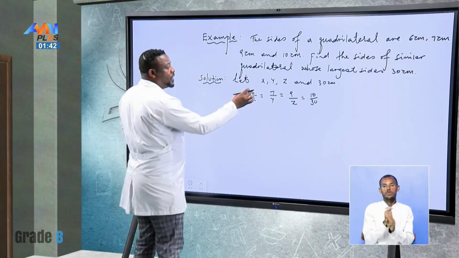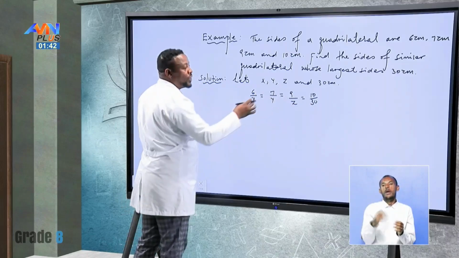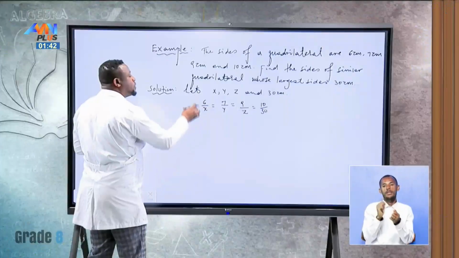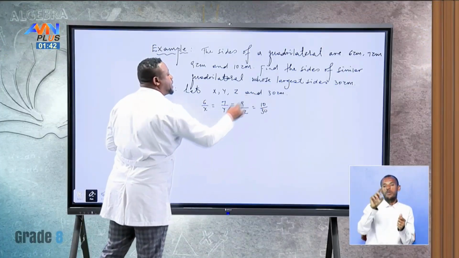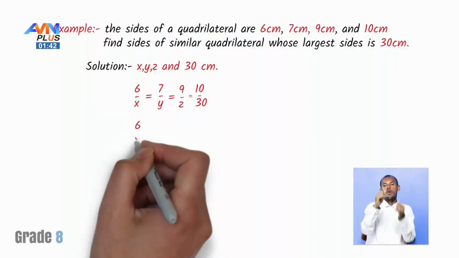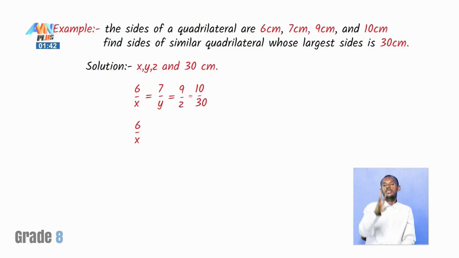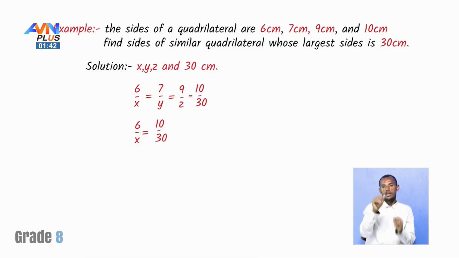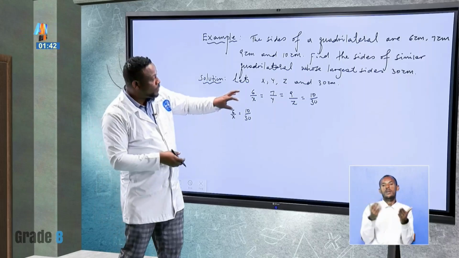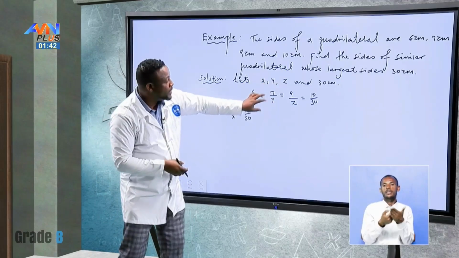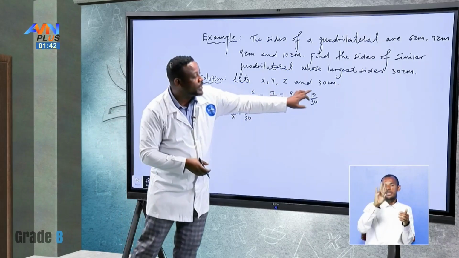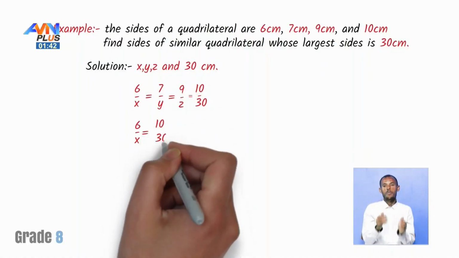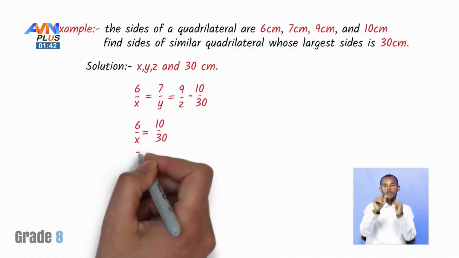Now let's take a pair of ratios and solve each variable separately. So take 6 over X and 10 over 30. Okay, 6 over X must be the same as 10 over 30. The other thing that we can take is 7 over Y and 10 over 30 are the same.